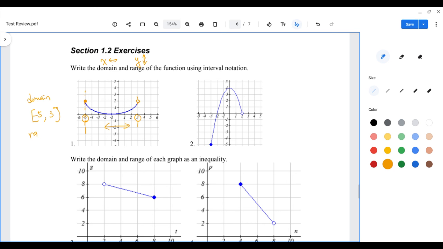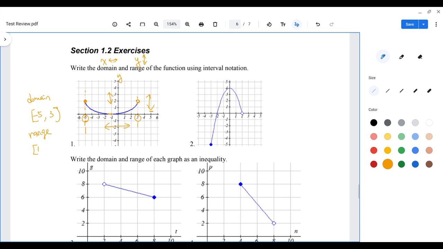And the range, up and down. What is the lowest point? Going from low to high, okay? What's the lowest point? Right here. For the lowest point, you look at the y-axis. Y is right here, up and down. So the lowest is 0, and you actually touch the 0.